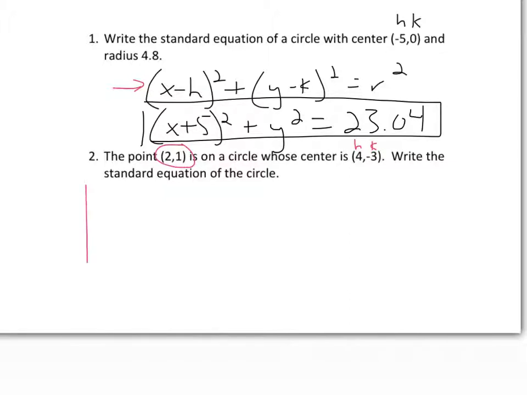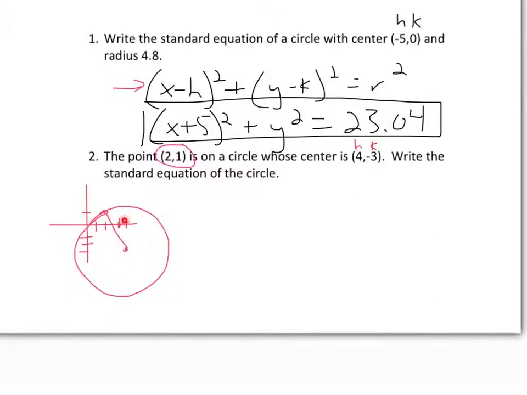If we just want to draw it, we go to (4, -3), right there. We know that (2, 1) is on the circle, so that's the radius, and if we stay at that radius all the way around, that's approximately our circle. We really need to find this radius, which comes from the distance formula.